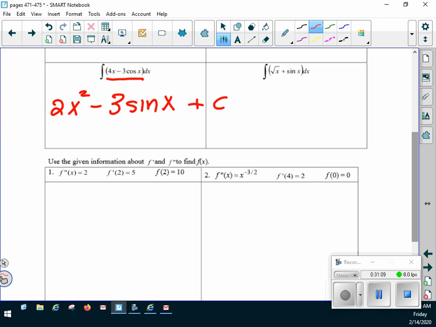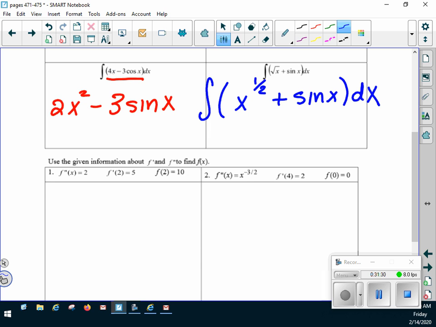Here. Rewrite, please. Integral of x to the, oops, got ahead of myself. Carson's got it.